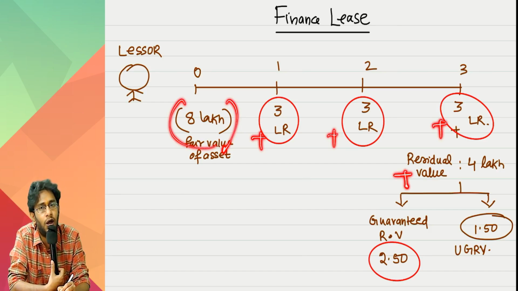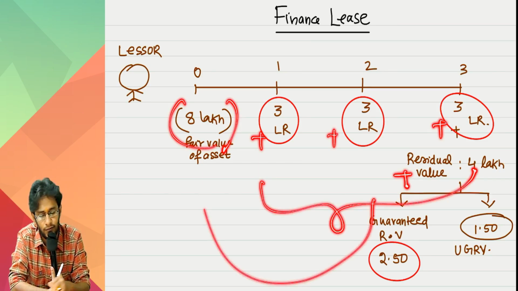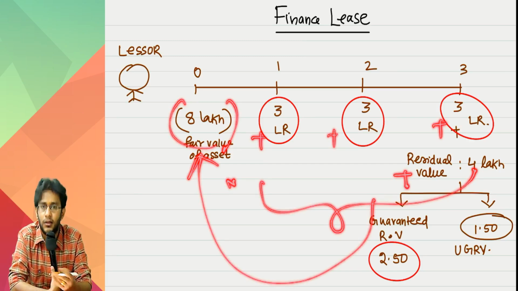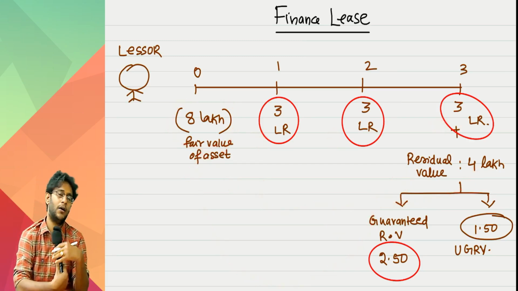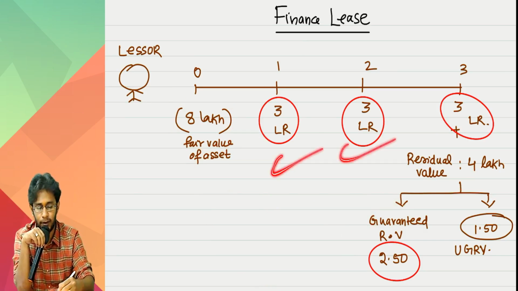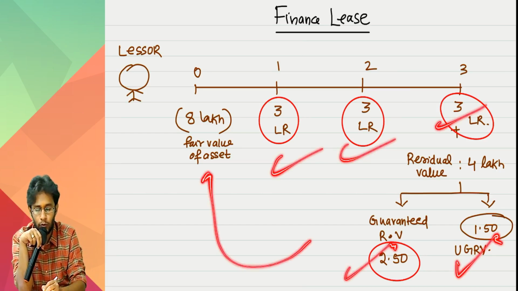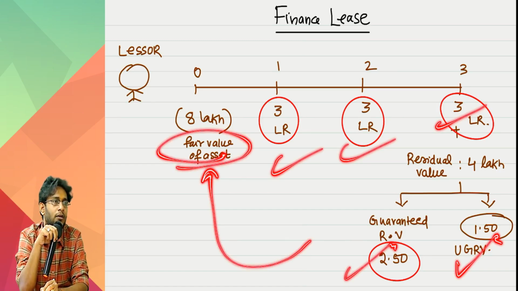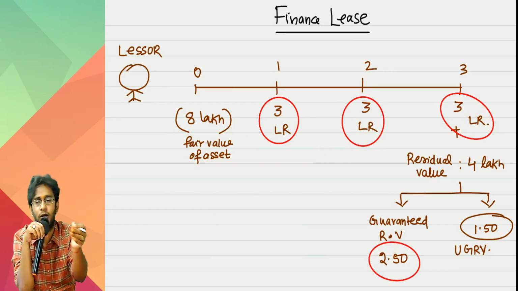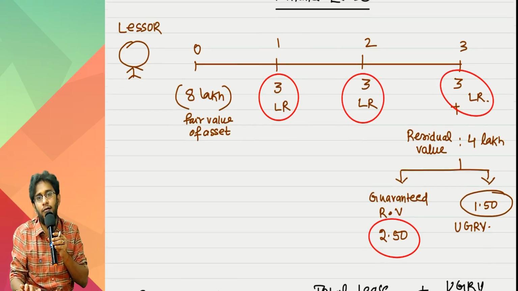And what will you do? IRR is that discounting rate which equates the present value of future cash inflows to the present value of cash outflow today. Isn't it, sir? That is what Ind AS 116 formally tells: IRIL is that discounting rate which equates the present value of lease payments plus the present value of UGRV to the fair value of the asset. That's nothing but PV of cash inflows equal to PV of cash outflows. Instead of telling that directly, it uses the technical language of Ind AS 116.